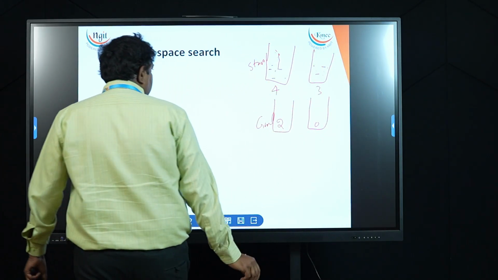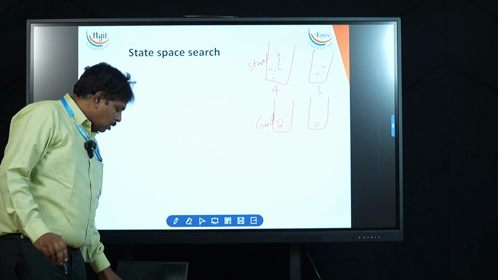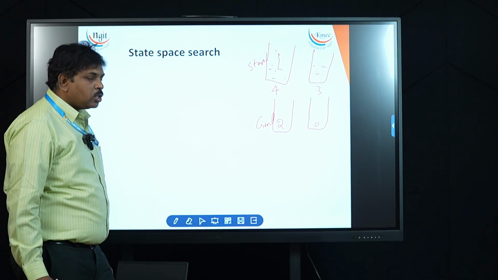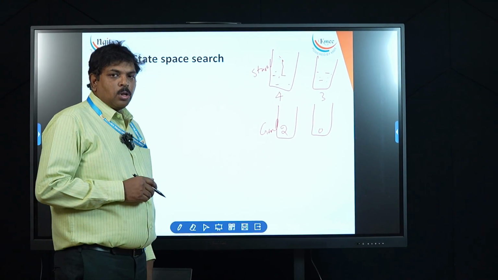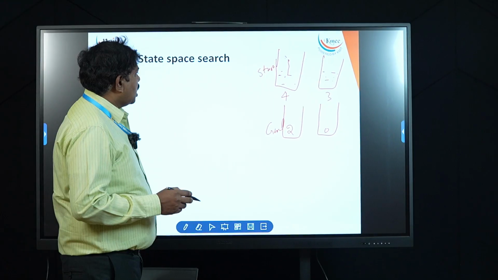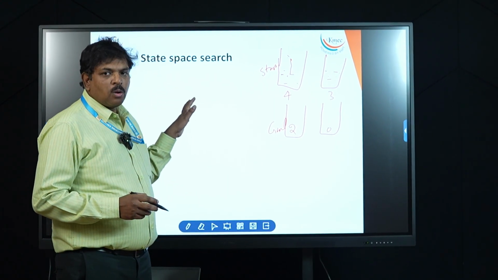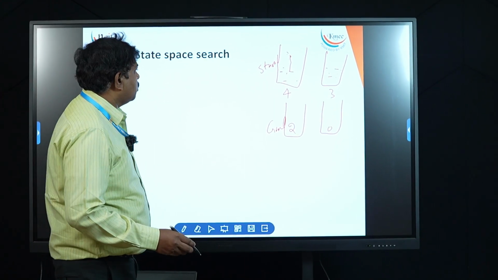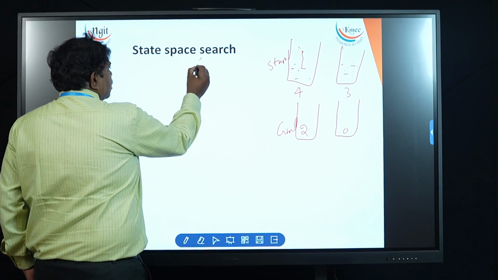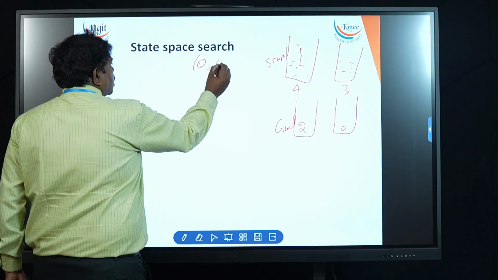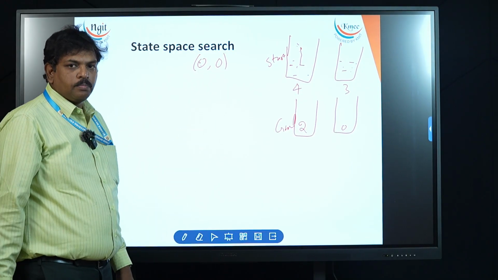So when I try to solve this water jug problem, first I formulate it into a search problem, where I try to draw one state space diagram of this problem. A state space diagram is nothing but what is the starting state of my problem? Initially, both jars are empty, 0, 0.